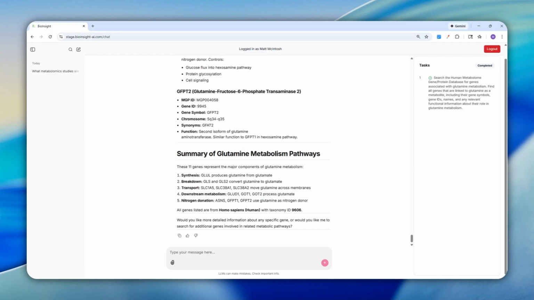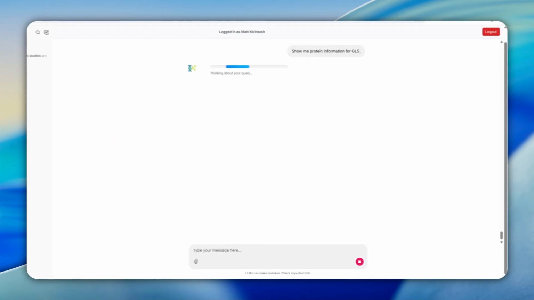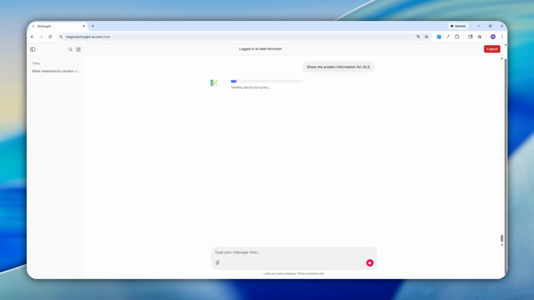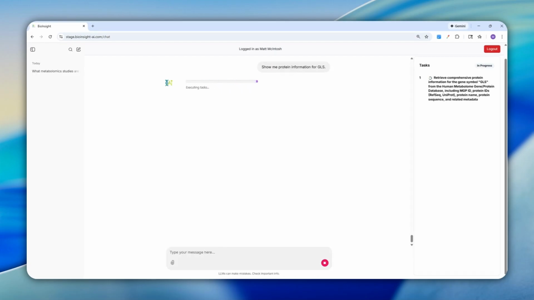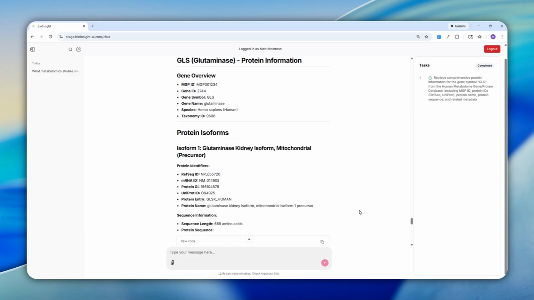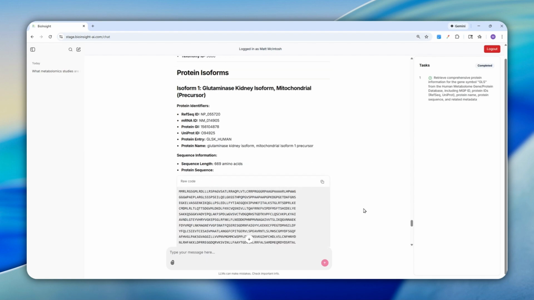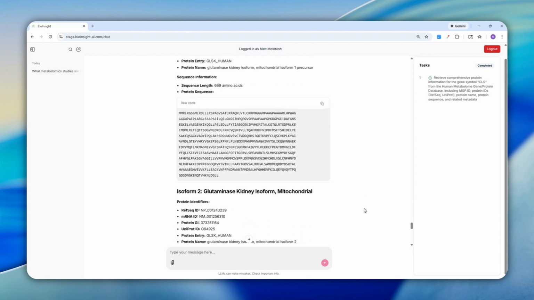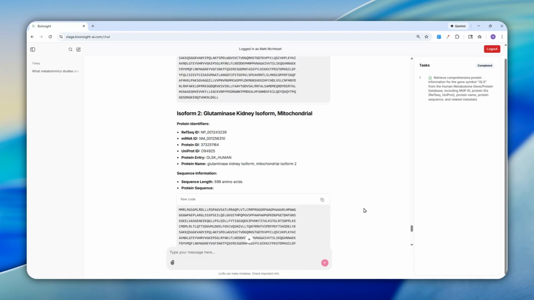I also can ask, show me protein information for GLS. BioInsight uses an agentic approach and its connected data sources to find important metabolic enzymes, summarize genes and proteins, and give biological context, bringing metabolomics, genomics, and proteomics together.